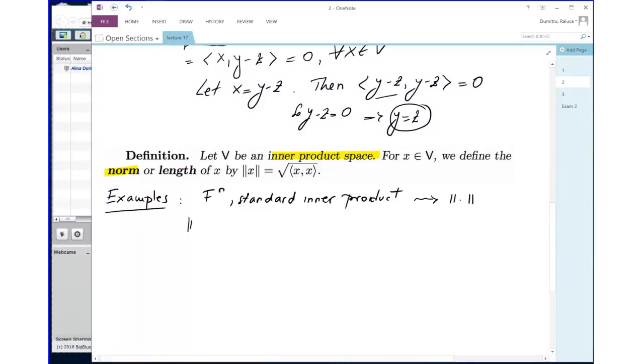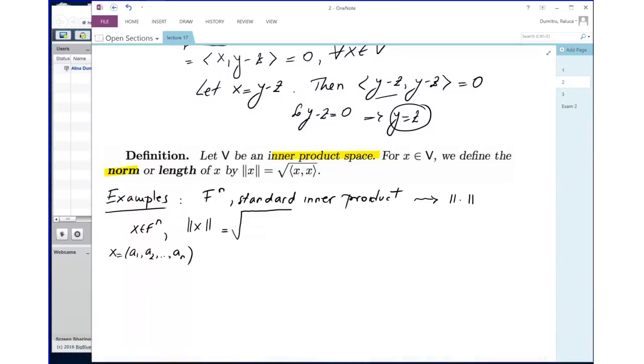The norm of a vector x, an n-tuple x, in Fn. What will it be? x being, let's say, a1, a2, an. Square root of the inner product between x and itself.